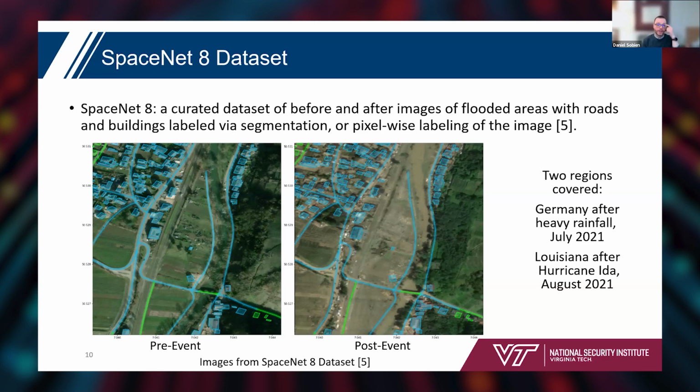This is a segmented data set trying to identify buildings and roads in an image and then identify which have been impacted by a flooding event. The data set consists of paired pre-flood and post-flood images. Both of these are fed into a model, and then the output gives segmentations of where the buildings and roads are and if they are flooded or non-flooded.